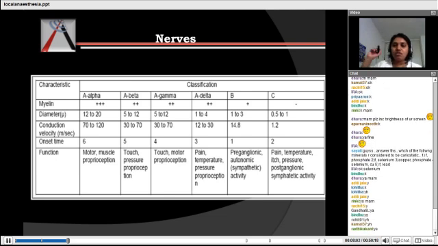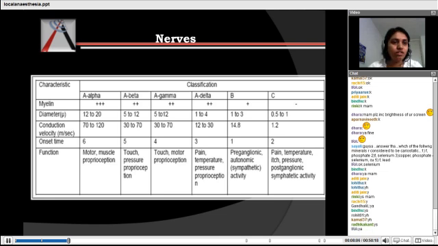To start with, we have a little chart here from your keynotes. In this chart there are some things which are very typical MCQs. The main thing here is the type of nerve fibers, and it tells us about the myelin sheath over these nerve fibers. We are talking about A fibers over here.